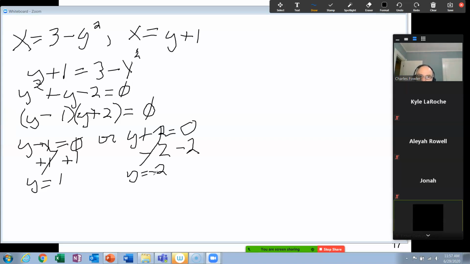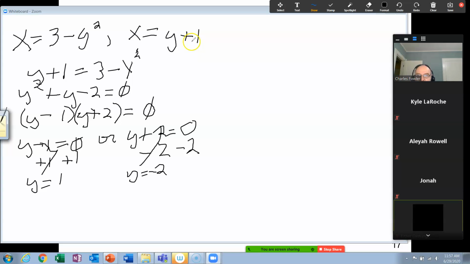Now, good idea what you were saying earlier. I didn't catch who that was saying it. If you plug these values back in your original functions, and here's the easy one, that's the one to do.